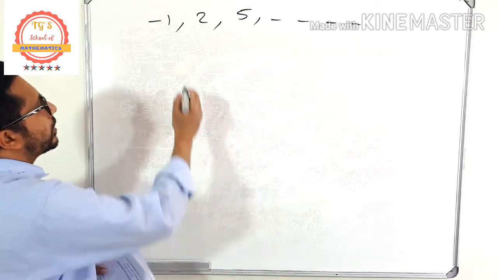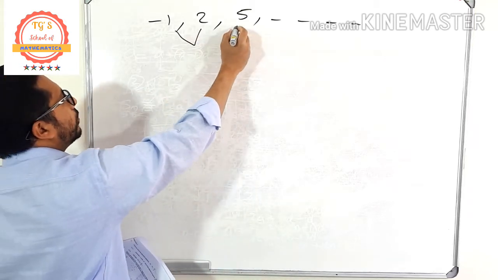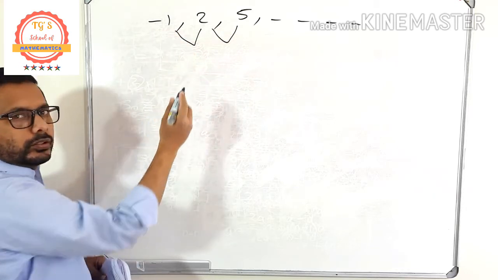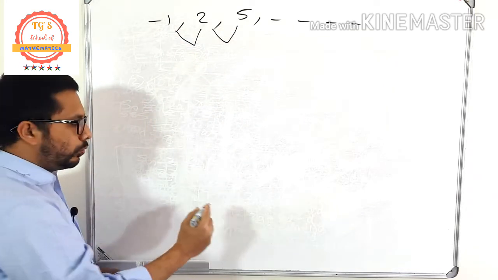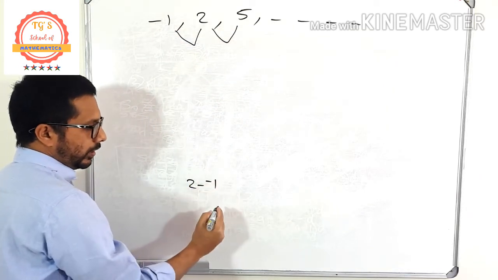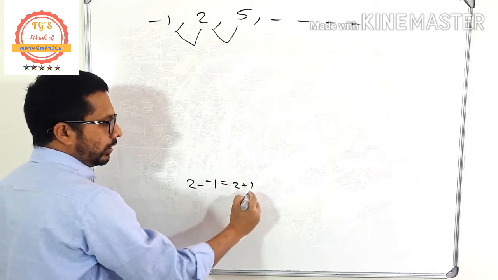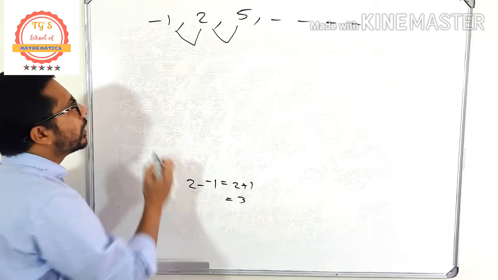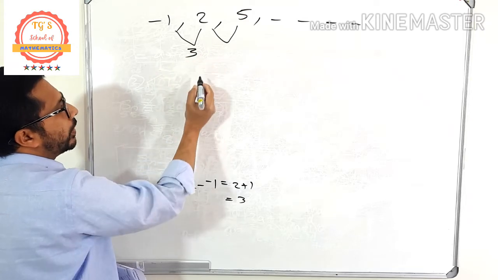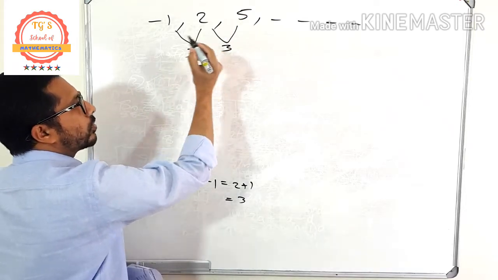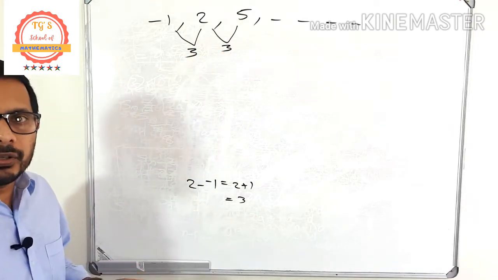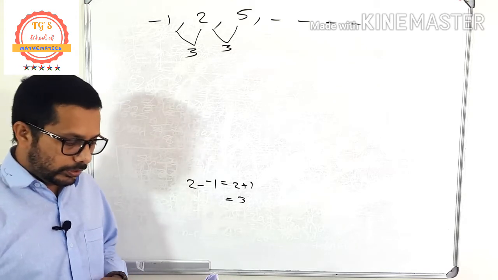What is the common difference here? 2 minus minus 1 means 2 plus 1, that is 3. So here the common difference is 3. 5 minus 2, that is also 3. So the common difference in this sequence is 3.